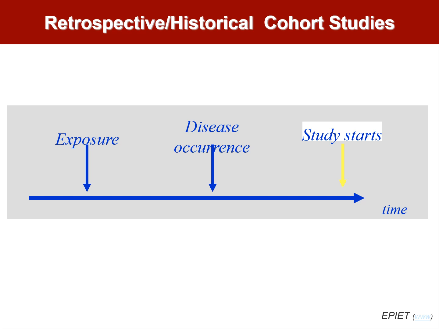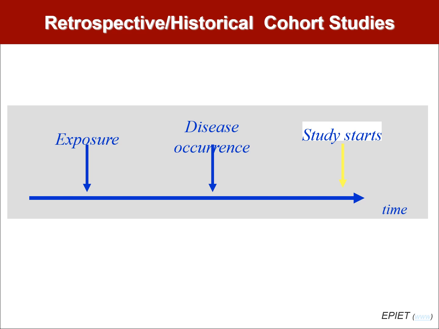And from that date, start monitoring those particular participants who were exposed to the particular factor and comparing them to those who were not exposed to it, and see when or how the disease occurred.